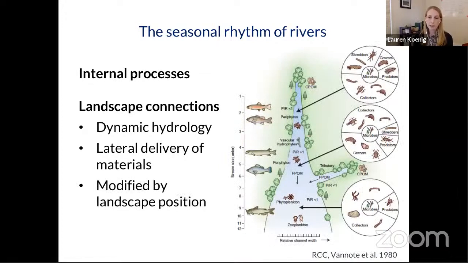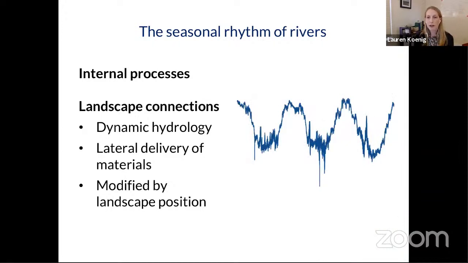And finally, these landscape interactions, or the connections between terrestrial and aquatic systems, are modified by landscape position, which is formalized in the river continuum concept. And so together, internal processes and their connections with the landscape influence the temporal variability or the seasonal rhythm of processes like nutrient cycling and ecosystem energetics that we see in streams and rivers.